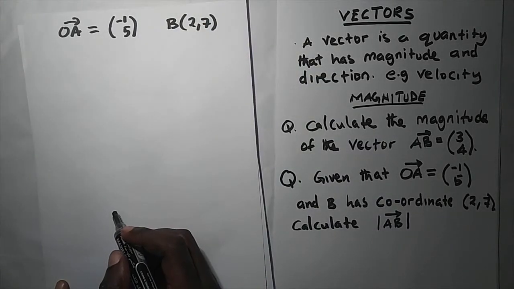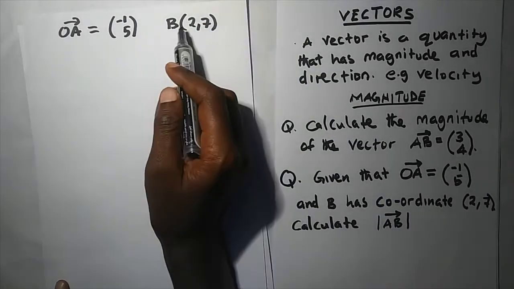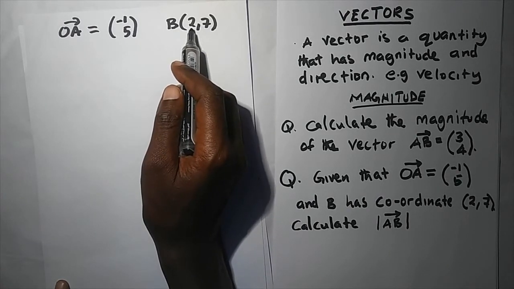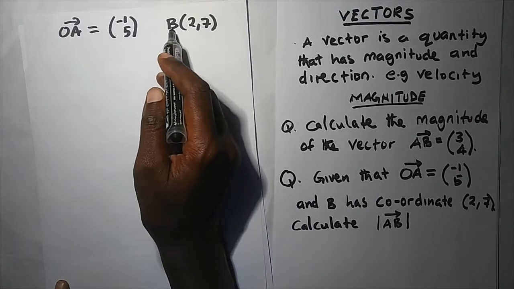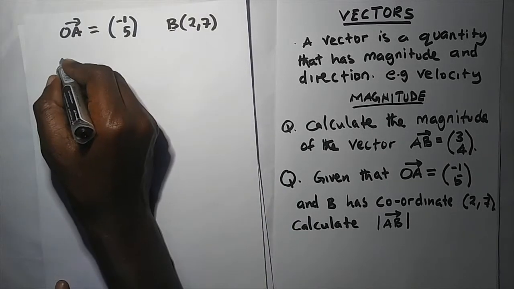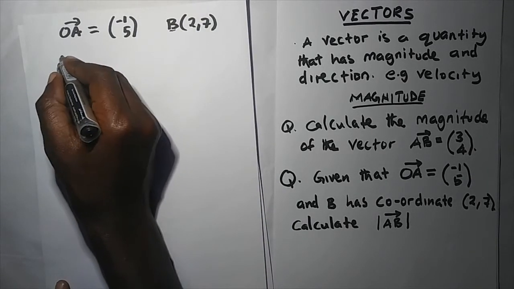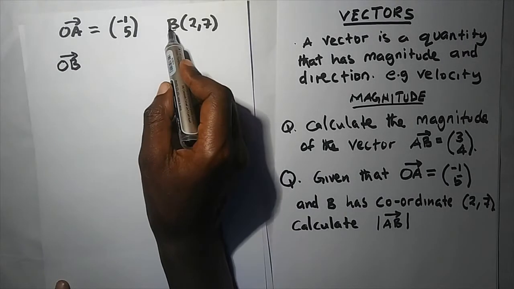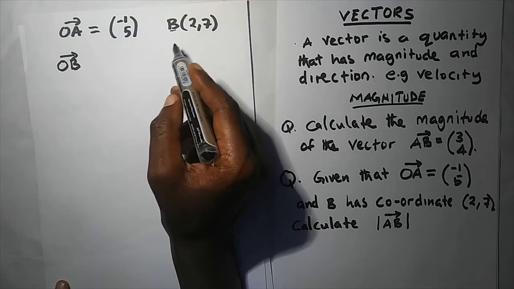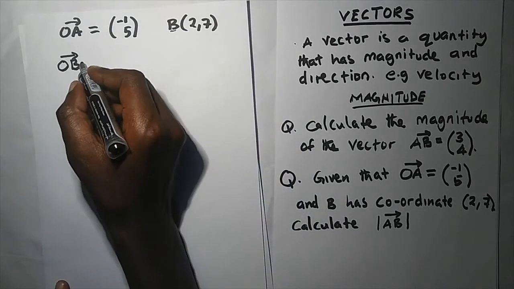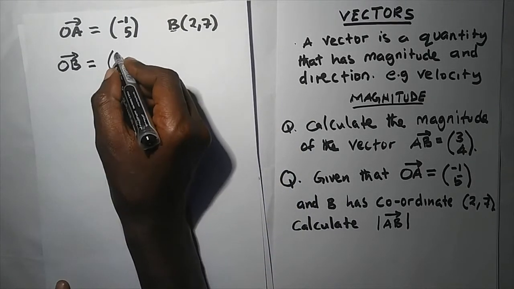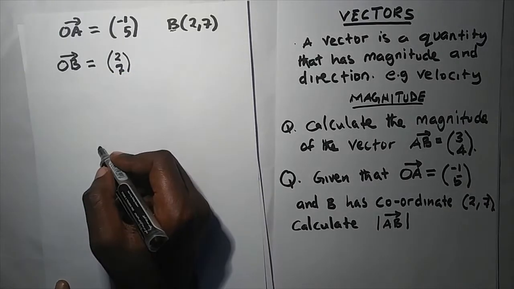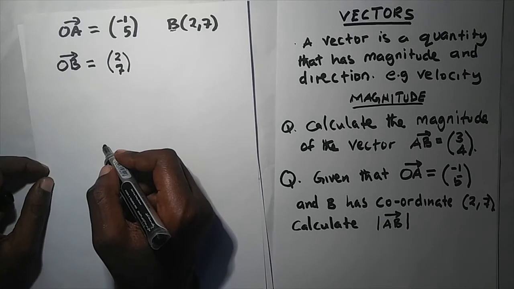I'm going to show you also how to write a coordinate as a vector. So here is B. I'm going to write it as a position vector. So the position vector for the coordinate B is OB. Position vectors are vectors that begin from the origin O. So this coordinate B 2, 7 can be written as a position vector, which is OB is equal to 2 and 7. So we have written B as a vector.